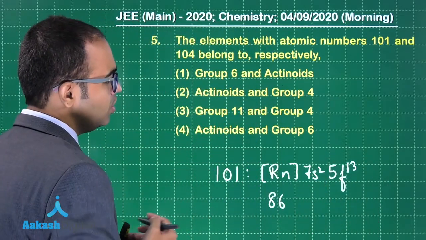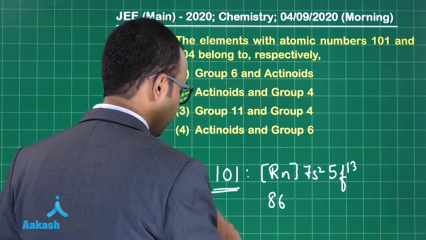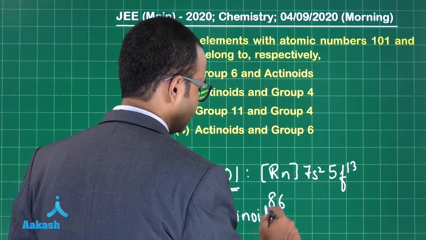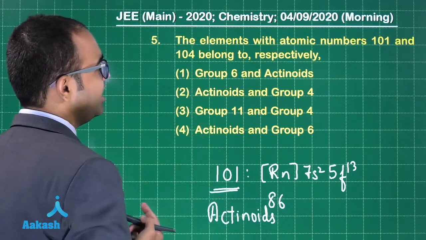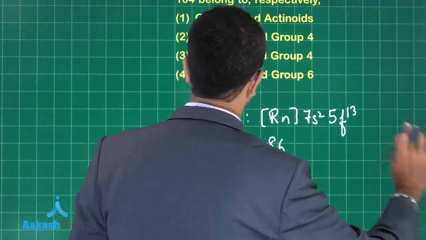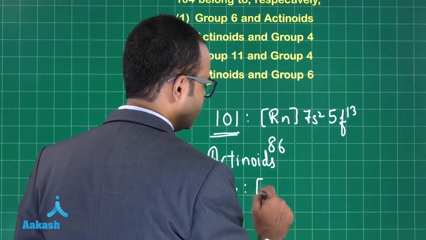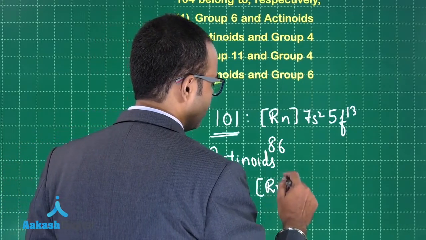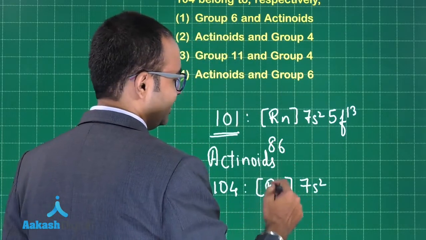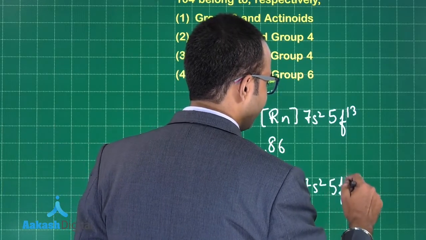So you will have 5f13. This element of 101 belongs to the actinoids, right? And then what we have is 104. If we are talking about 104, again we write the electronic configuration. So this will be Rn, which is 86, then 7s2, 5f14.